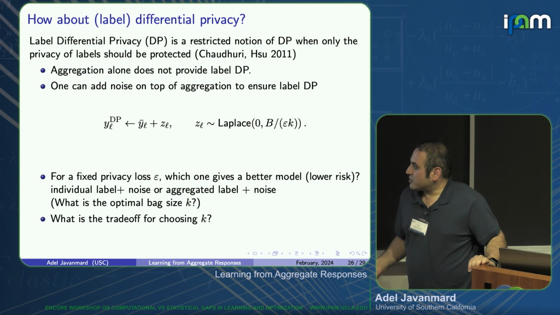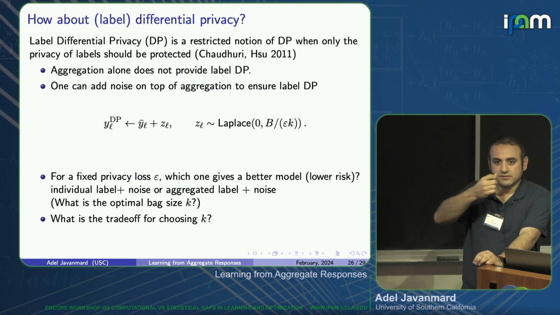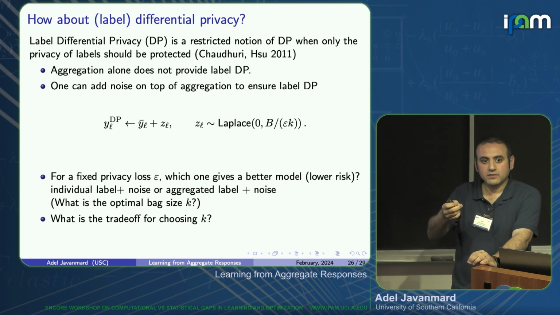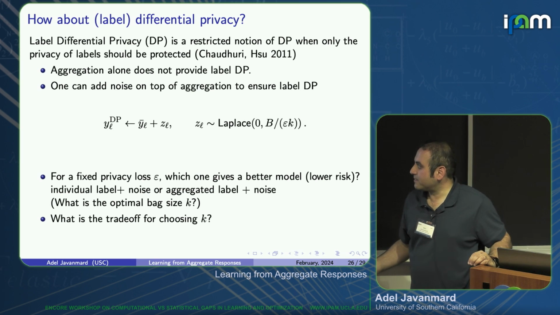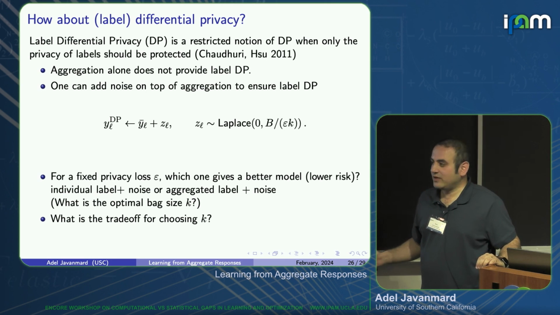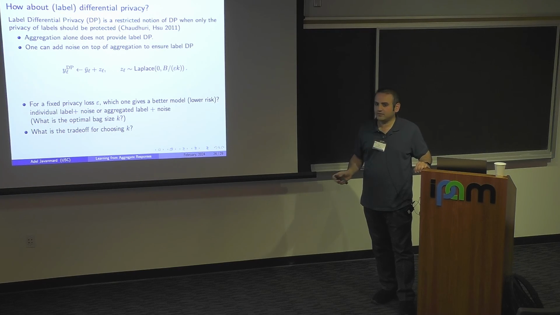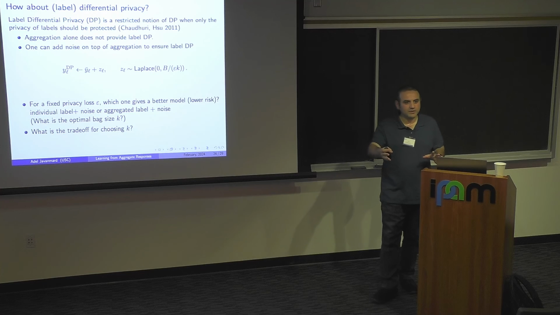If I get the optimal choice of K, and it's different than 1, it basically tells me that it's better to first aggregate labels and then add the Laplace noise on top of it, instead of just adding the noise to the individual labels. So if K equal 1 was the optimal one, it would be saying don't do any aggregation, just add the Laplace noise.